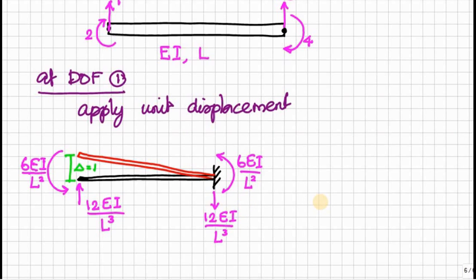So now we apply the unit displacement and we get all the forces in the appropriate directions due to this unit displacement. Now it is time to find the force along each degree of freedom. First we will see degree of freedom 1, which is nothing but the vertical, upward direction at node 1. So what is the force at node 1 in the vertical direction?